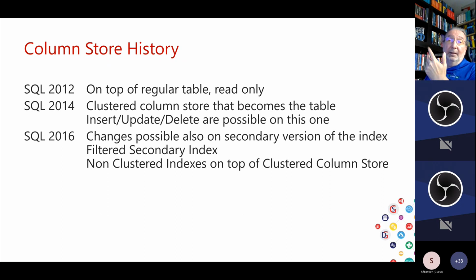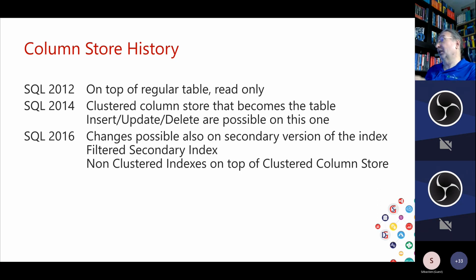In 2016, you can now also have a secondary column store on top of a regular table as read-write. You can have filtered secondary indexes, and you can have non-clustered indexes on top of a column store.